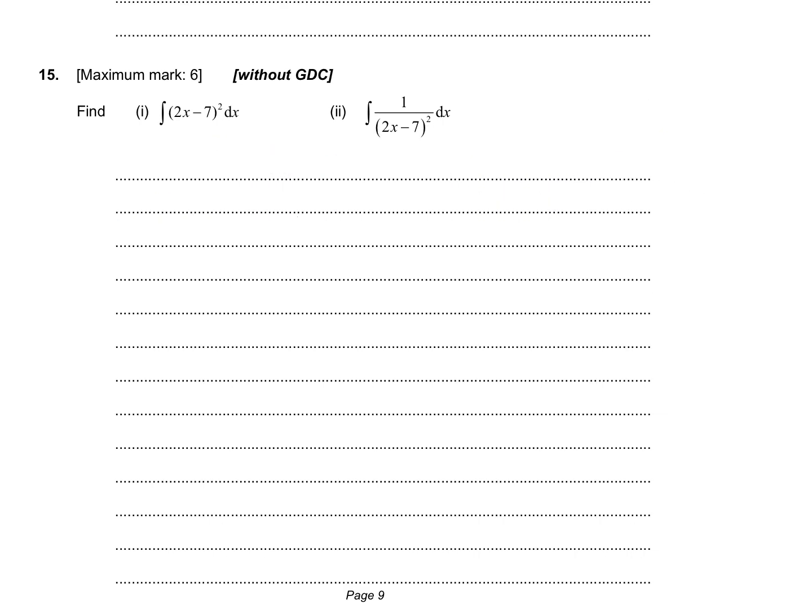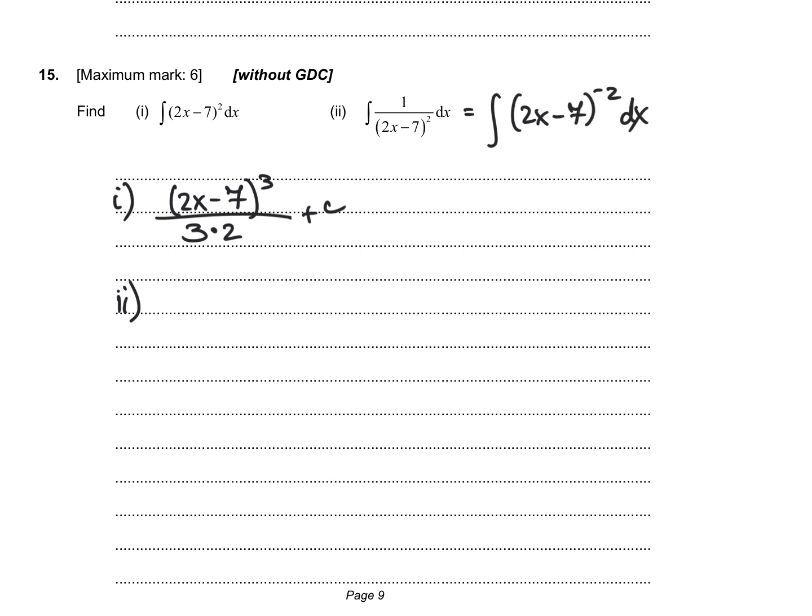All right, this one, you want to add 1 to the exponent, divide by that thing, as well as the derivative of the inside. So it should be 2x minus 7 cubed over 6 plus c. And then the second one, this is 2x minus 7 to the negative 2.